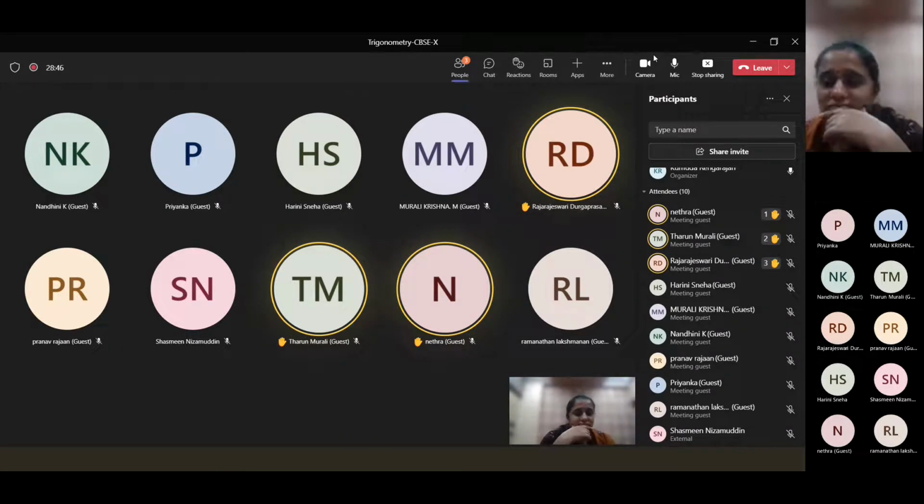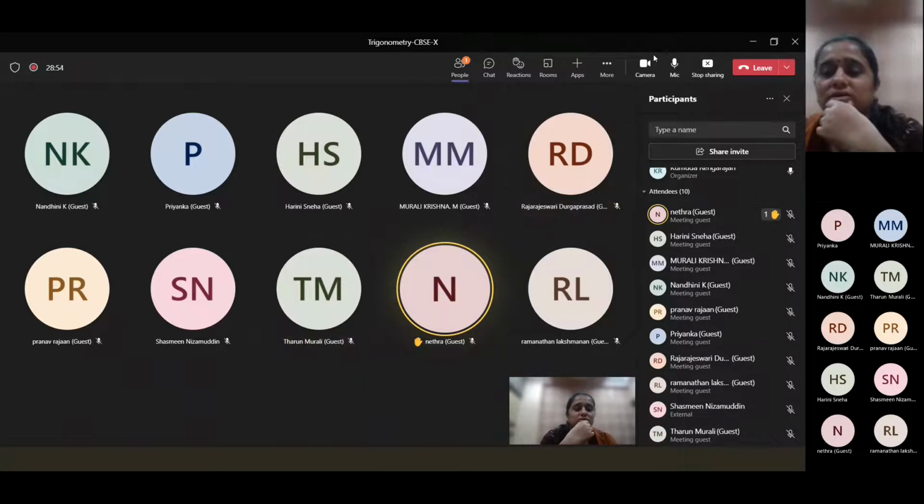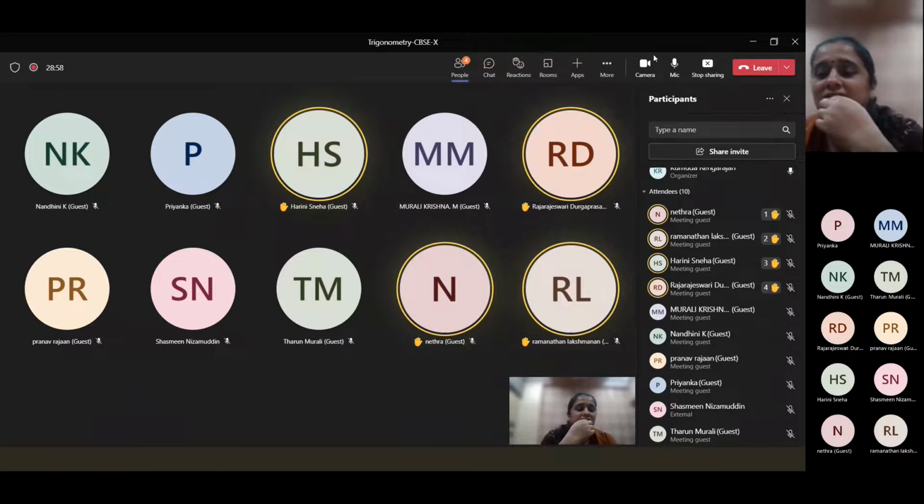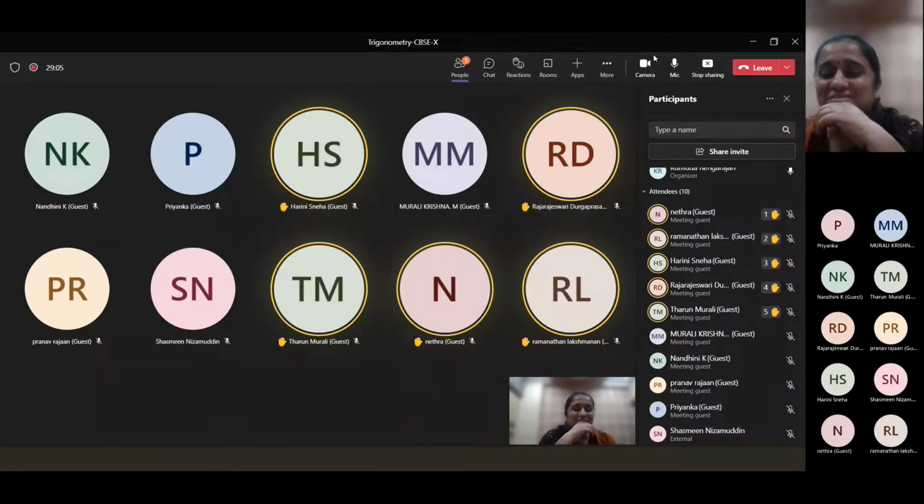Okay, fine. What about quadratic equations? Lower your hands, the three of you. Have we learned quadratic equations in school? Netra, Ram, Harini, Sneha, Rajarajeshwari. Akhilandeshwari's school seems to have finished the portions then.